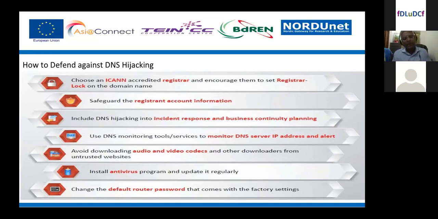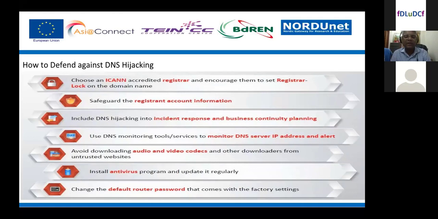So what you need to do is use the original version of the antivirus, and then change the default router password. You have to change all the passwords: your router, your switch, your server, your user account, whatever device or software you are using.